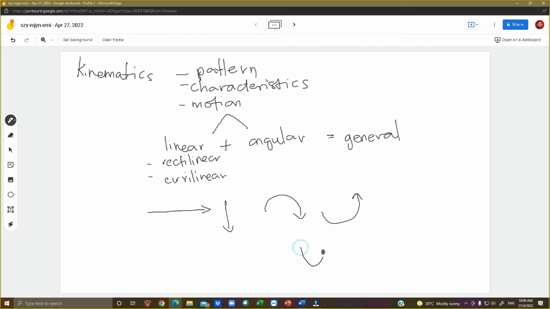Okay, but not begini. If we go something like this, we are going to have another property in the middle of it, which is known as axis of rotation. And if you have this kind of movement, this is an example of angular. Ada axis of rotation. Okay, itu yang asal, yang asas.